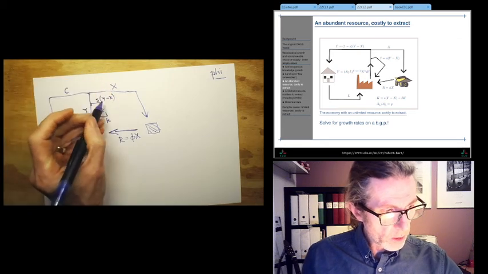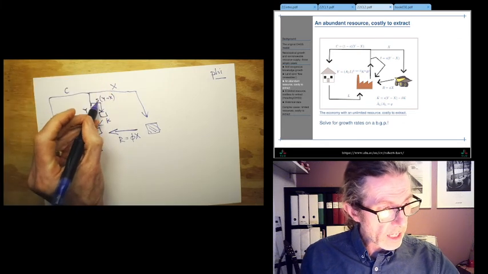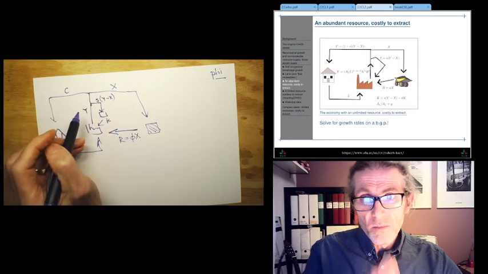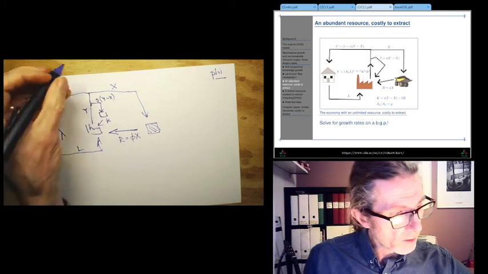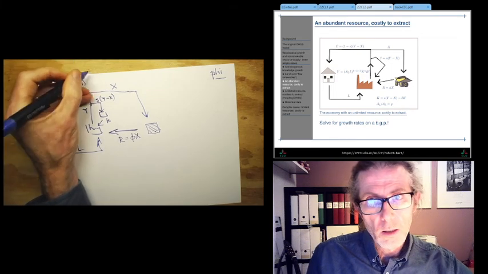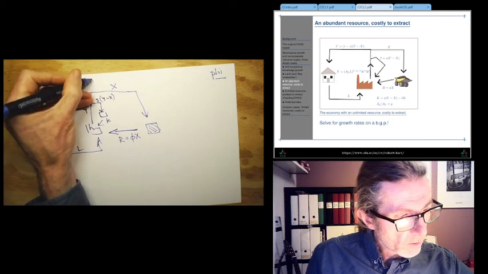So we're going to assume that we save a proportion of what's left after allowing for X, and C is (1 minus S) times (Y minus X).